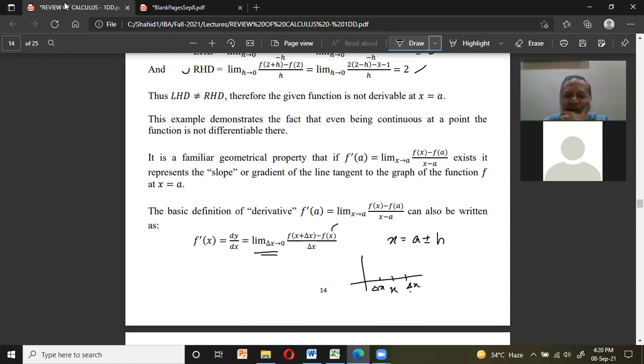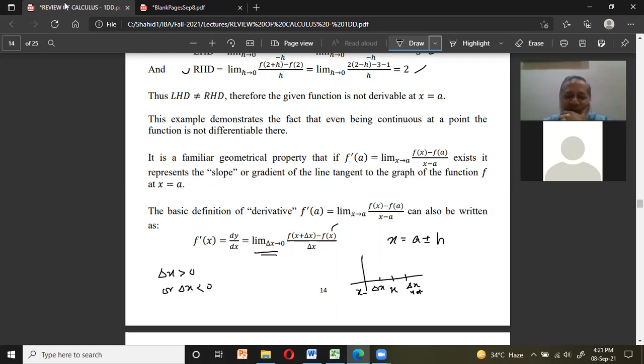So this is x plus delta x, this is x minus delta x. But we can write it as x plus delta x only. That means delta x, the variation in x, can be positive or negative, so both are handled together.